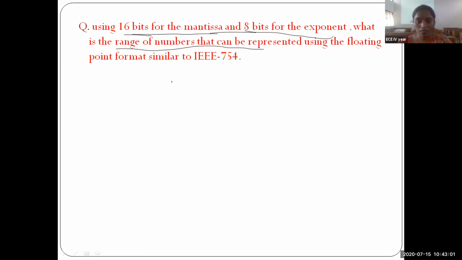You need to take a picture or whatever. Just copy this problem. Now make it fast. Note down the problem, or take a screenshot or whatever. Done? Yes. Yes, ma'am.